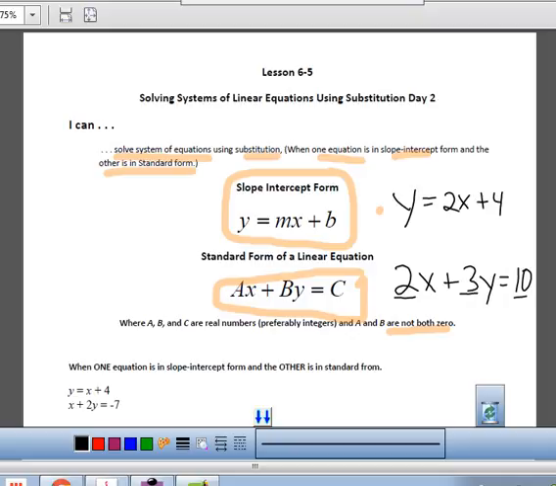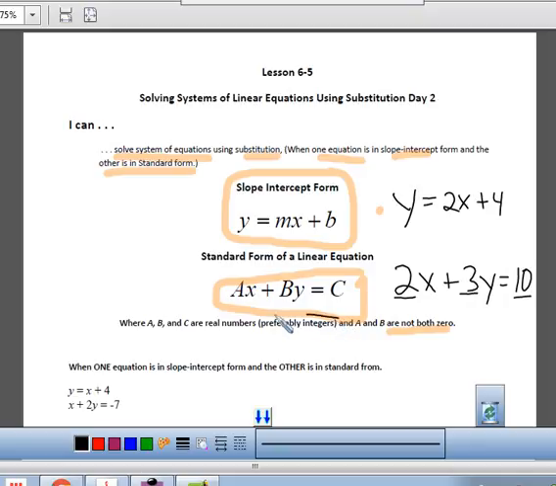Now, with the other substitution, when they were both in y equals form, we could just put the two equations equal to each other. But because they're in a different form, we have to use a different kind of substitution. When one equation is in slope-intercept form and the other is in standard form, we have a way we are going to be solving these.